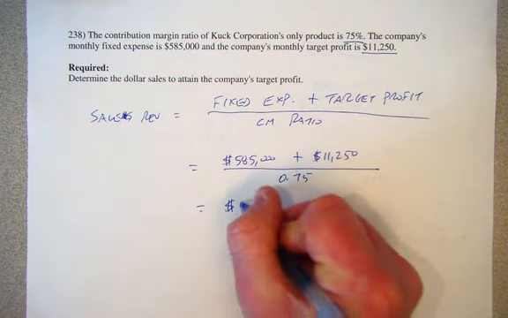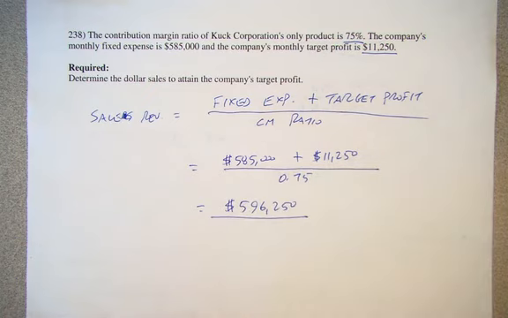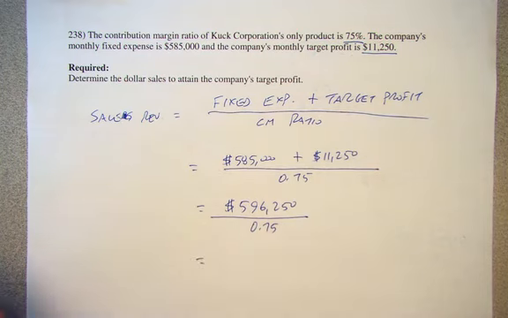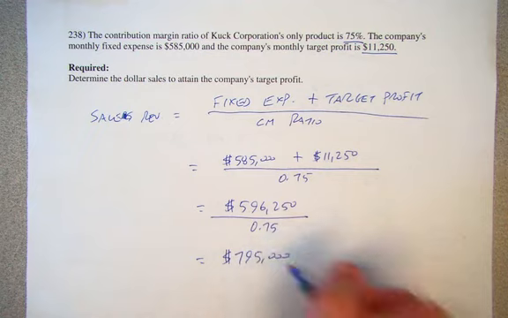So we've got a total contribution margin that we need to generate just under $600,000 here, $596,250. And let's see what that looks like in terms of sales dollars, $795,000.